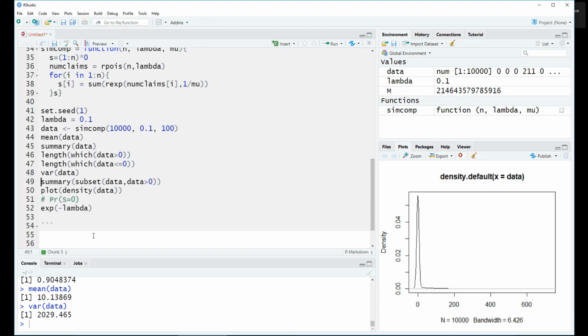So expected value of S. E of S should be mu over lambda.